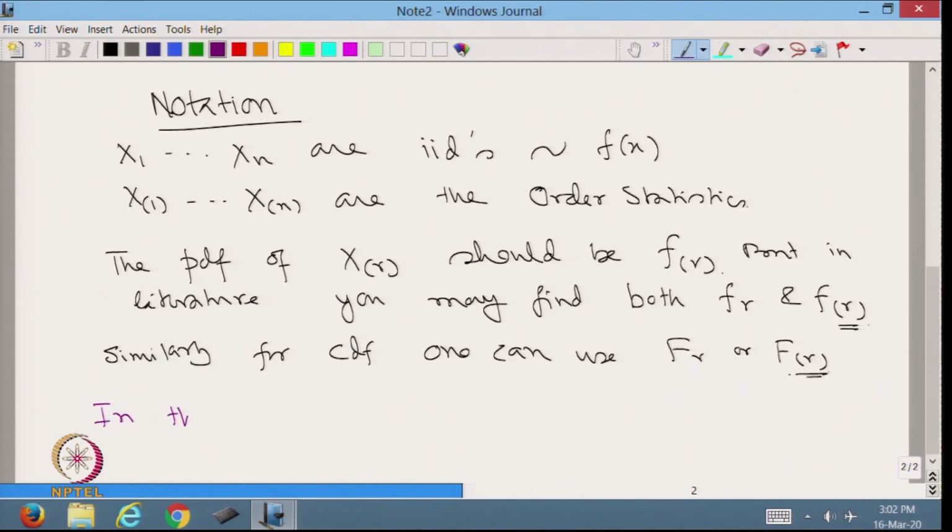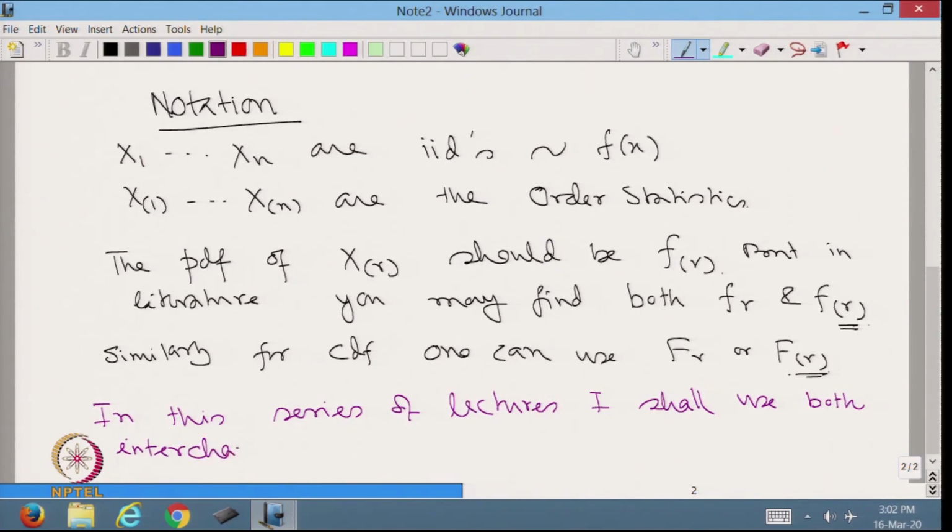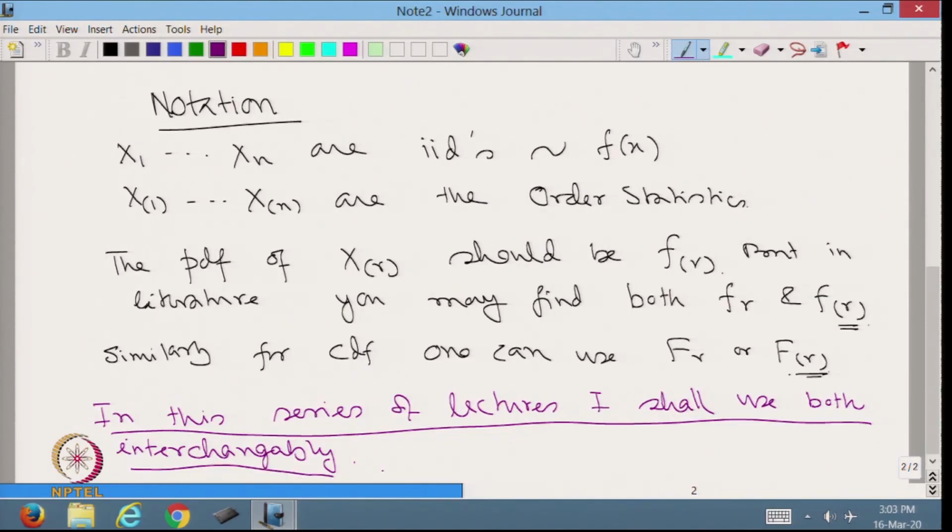In this series of lectures, I shall use both interchangeably, so that you have to remember and there should not be any confusion.